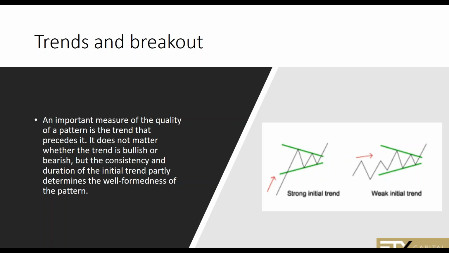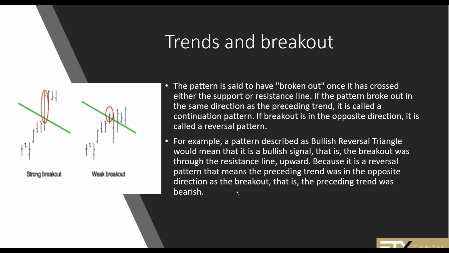Whereas if you had a strong or well-defined trend, then it's a better signal, because it's going to give you a better quality of breakout. So you have to always look at how well formed the trend is that this pattern is occurring in.